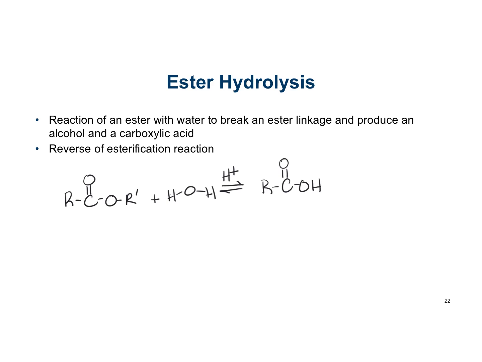We end up with a carboxylic acid and the alcohol. It's sort of like if we cut it right here. This part is the alcohol, with the R prime, and this part is the carboxylic acid with the carbonyl group.